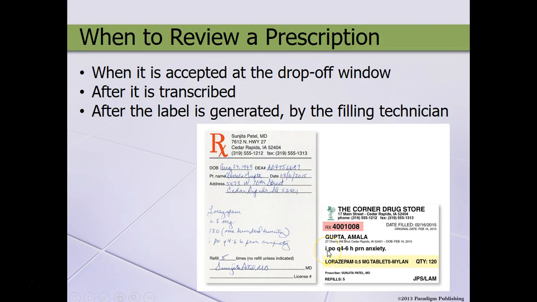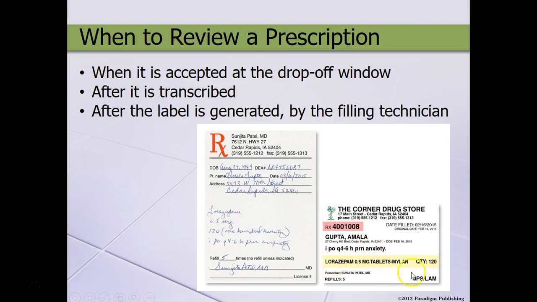So it should be 1 tablet by mouth every 4 to 6 hours as needed for anxiety. They didn't type in their speed codes probably. They just typed in what was actually on the prescription. So that would make this erroneous.